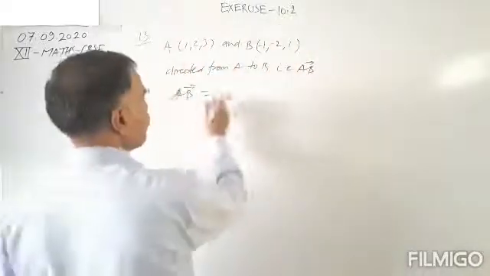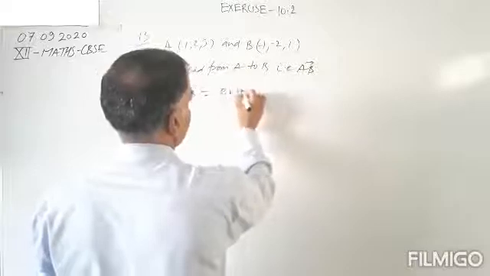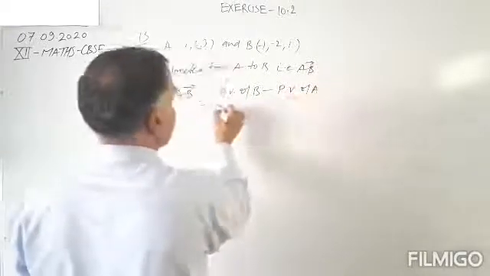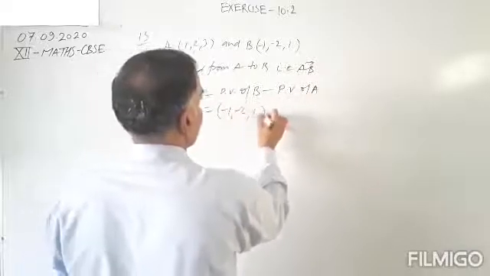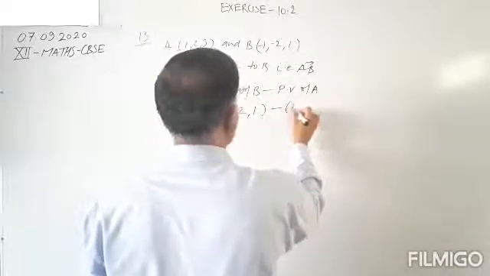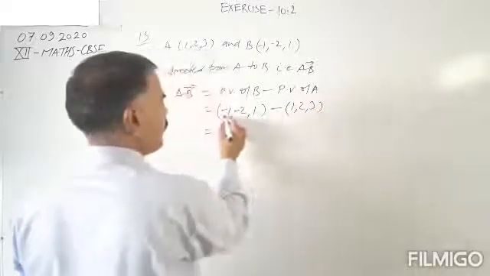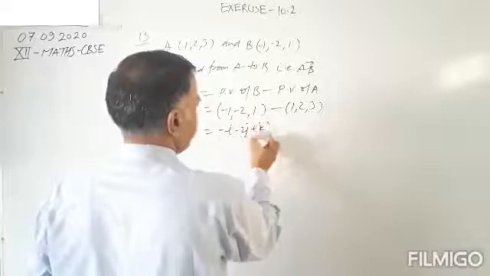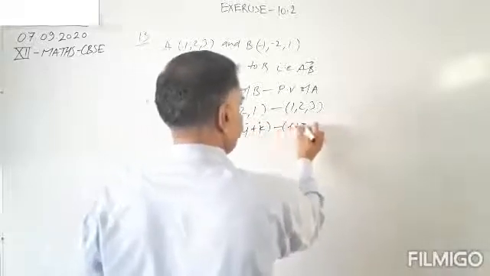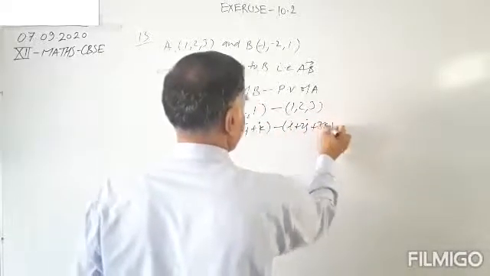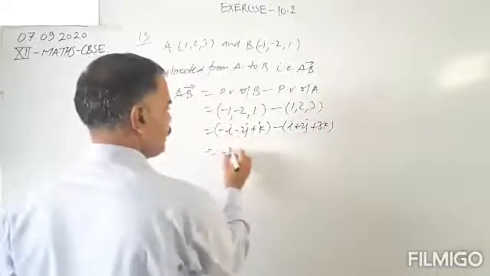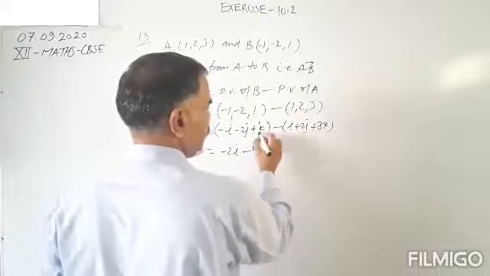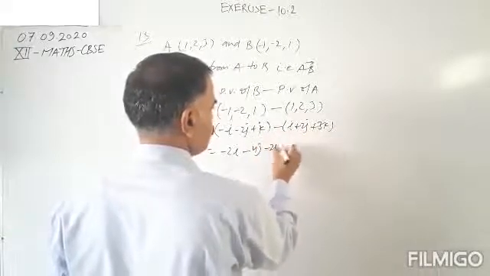So AB vector is position vector of B minus position vector of A, that is (-1, -2, 1) minus (1, 2, 3). So minus i cap minus 2j cap plus k cap minus i cap minus 2j cap minus 3k cap, which gives minus 2i cap minus 4j cap minus 2k cap.